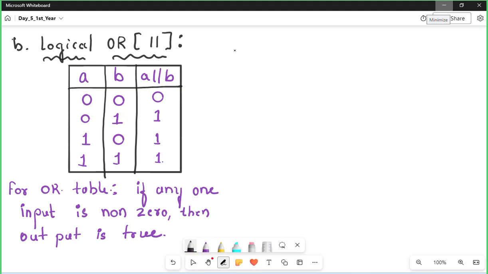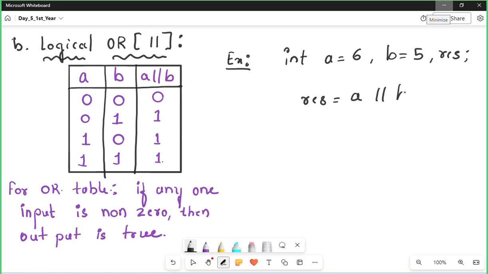Okay, now if you take an example here, int a is equal to 6, b is equal to 5, and res. So res is equal to a logical OR of b. Can you tell me what is the value stored in res?